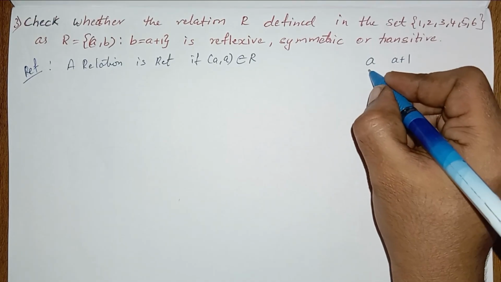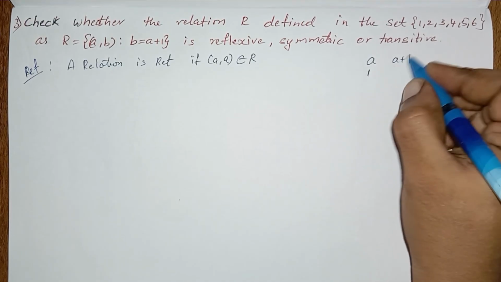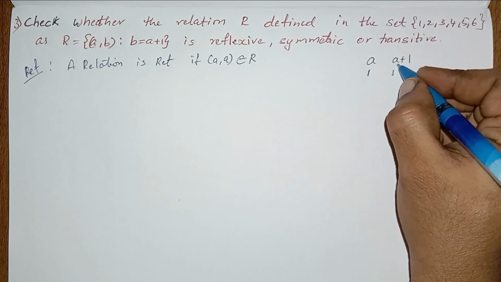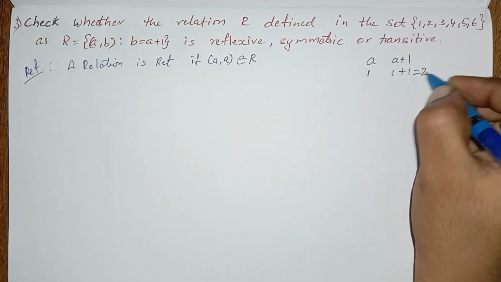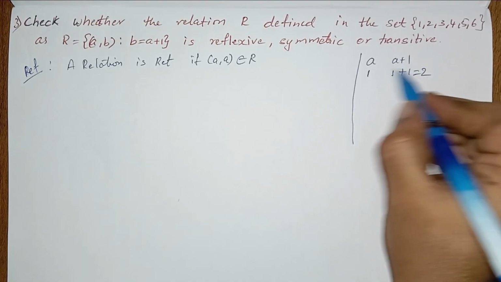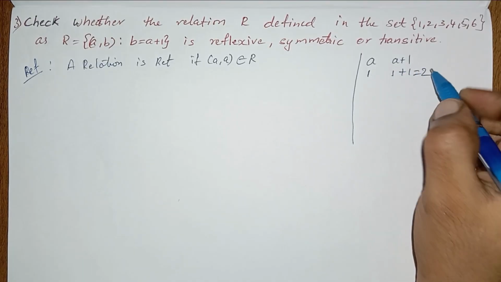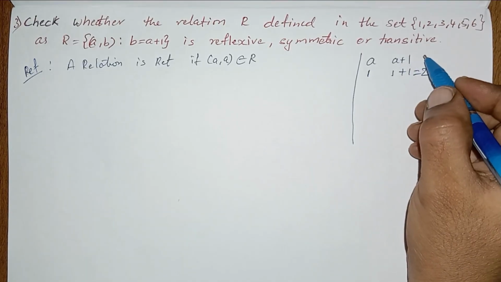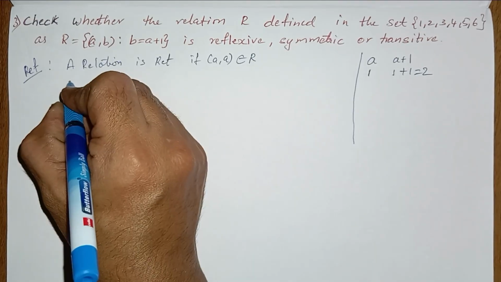So if we take the value A is equal to 1, then the value will be 1 plus 1, which is 2. So 1 and 2 cannot be equal. So A and A plus 1 cannot be equal.